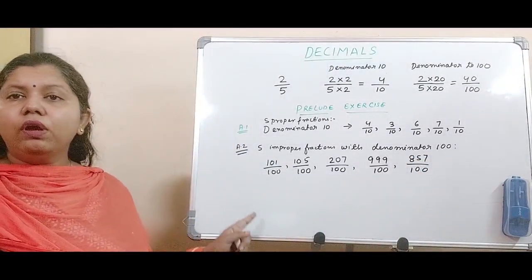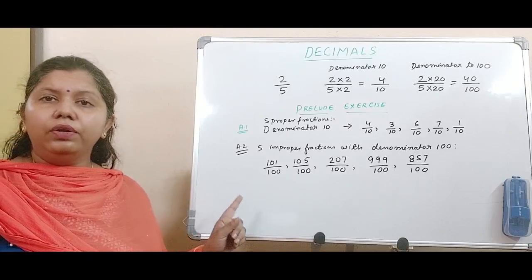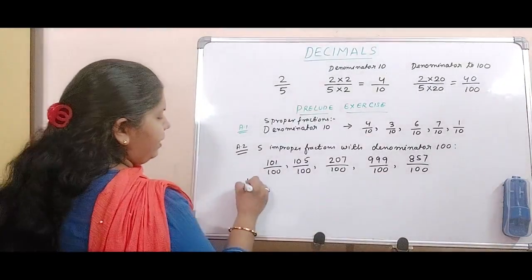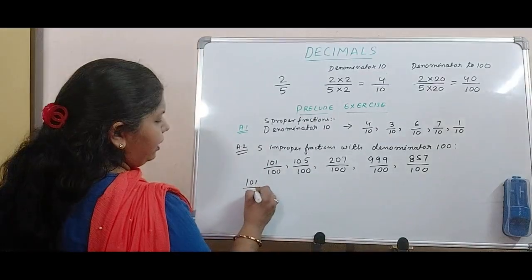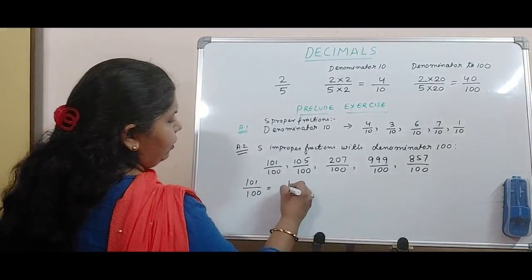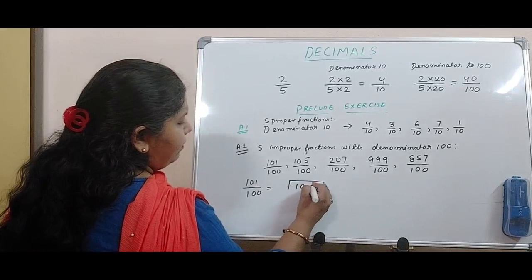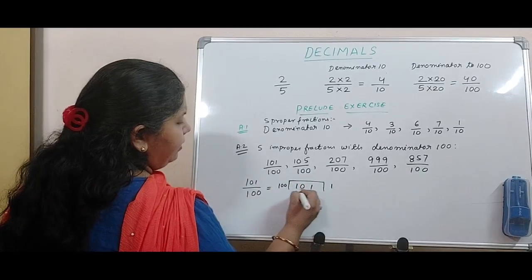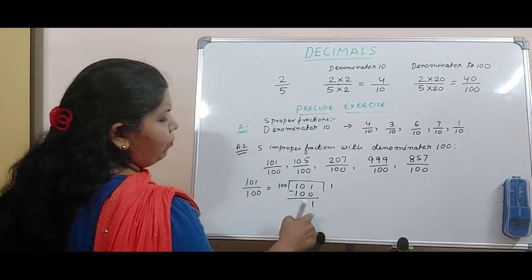Now each of them you have to convert into a mixed fraction. So 101 by 100, how are we converting into a mixed fraction? You need to divide 101 by 100. 100 ones are 100 with the remainder 1.